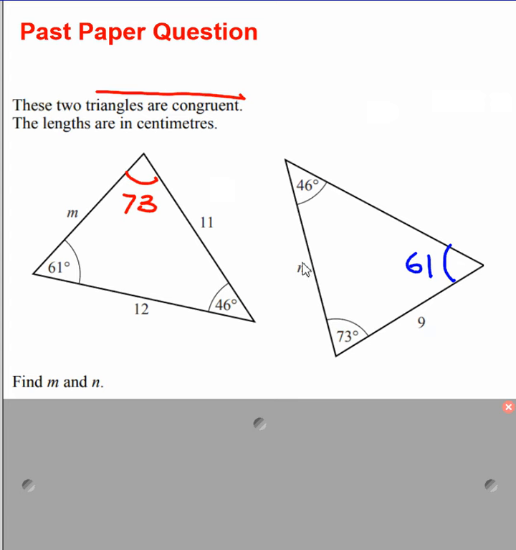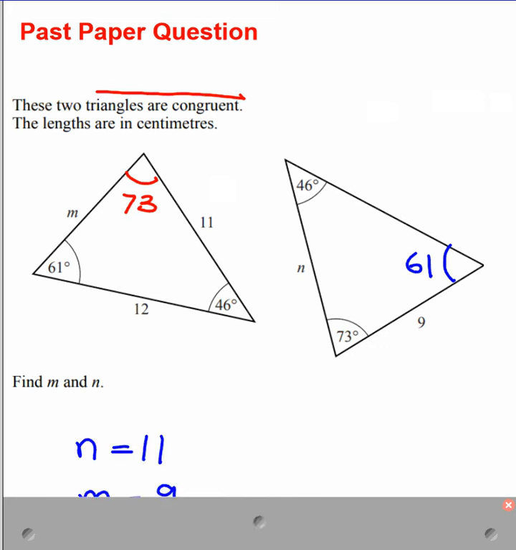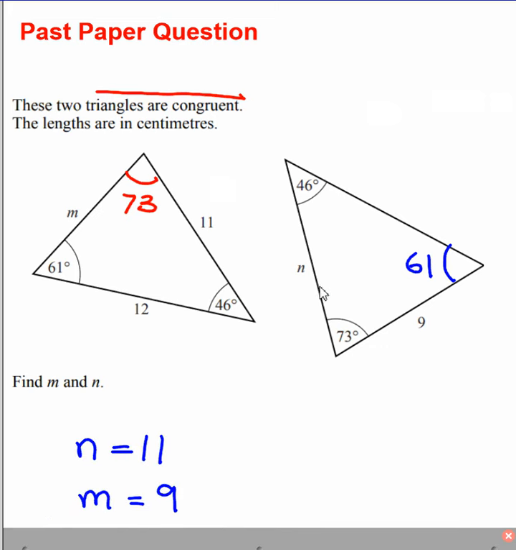Similarly, N is the length of the side between angles 46 and 73. Between 46 and 73, the length of the line is 11 centimeters. It means N is equal to 11. You just have to read from here and write it down. There is no working required in this one. It's just a concept.